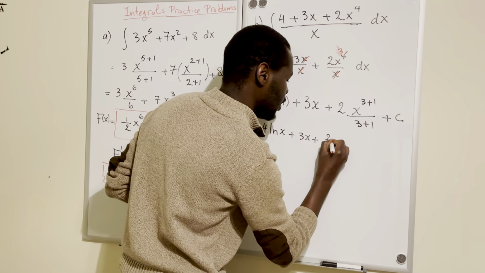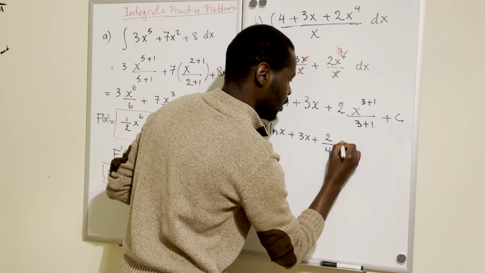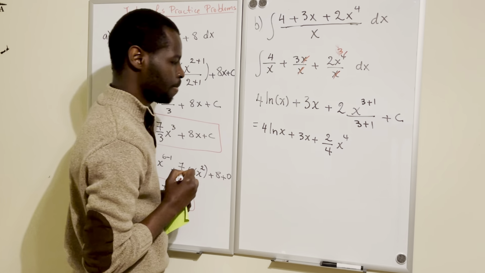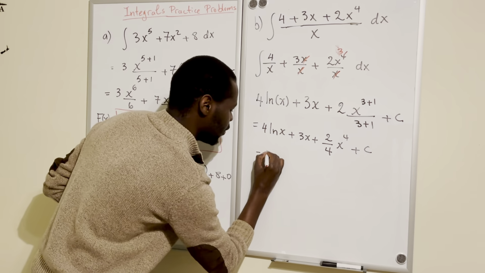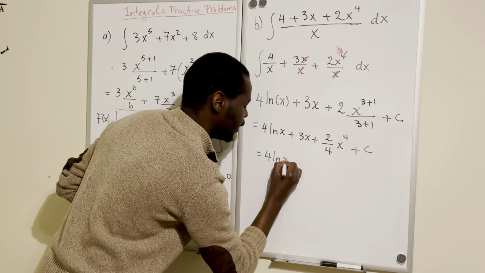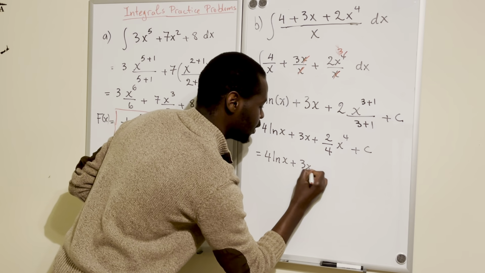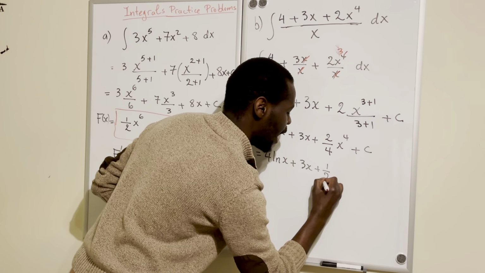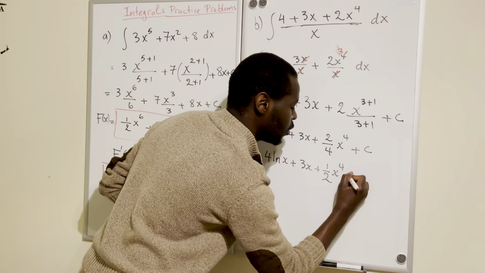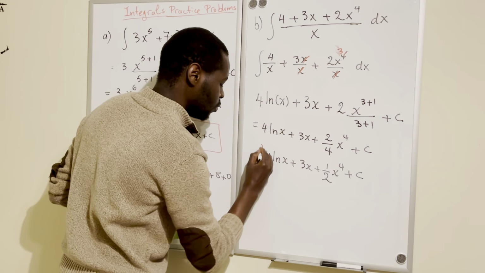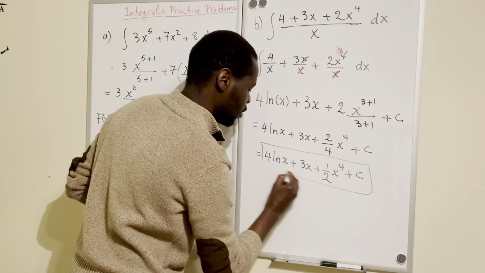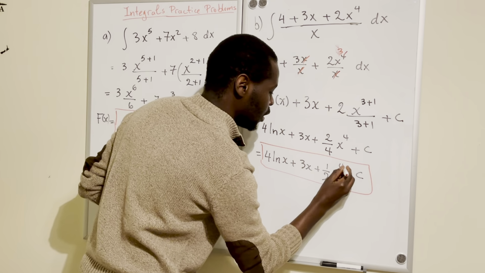So this is 2 over 4 x to the power 4, plus a constant. Let's simplify this further. 4 ln x plus 3x plus 1/2 x to the power 4 plus a constant. And this will be it for our integral.